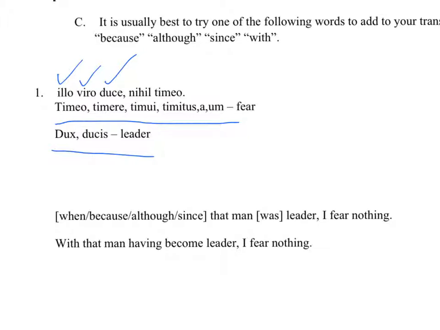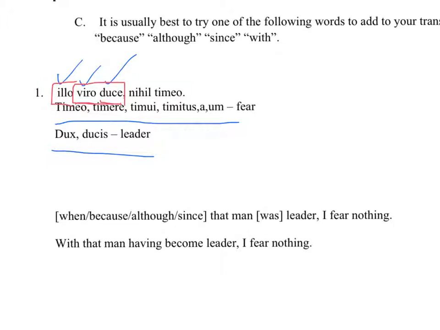That is a phrase in the ablative absolute. It has the noun, duce. It has the participle, the fourth principal part. And it has the noun, viro. In its most basic use, the ablative absolute only has to have these 2 parts. Now in this case, it also has illo, which you've learned in this course.